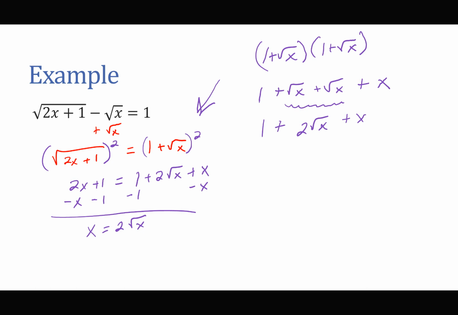Okay. I want to undo that, so let's square both of these. So I have x squared now equals 4x. This is multiplication, so this exponent applies to both pieces.